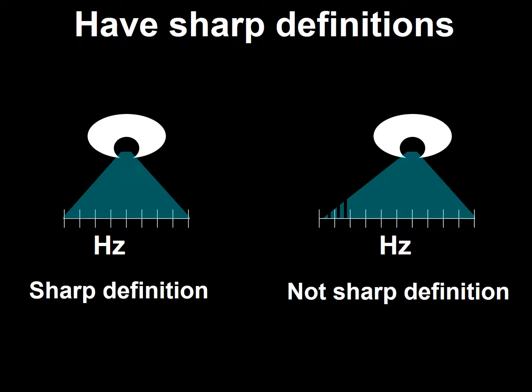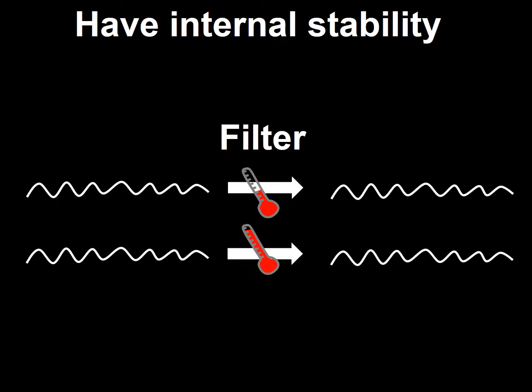And to have sharp definition, so as to provide a sharp demarcation between frequency you want to see and frequency you do not want to see. Another important attribute of a good filter is to have internal stability, as not to be influenced by changes in temperature or conditions internal to the equipment.